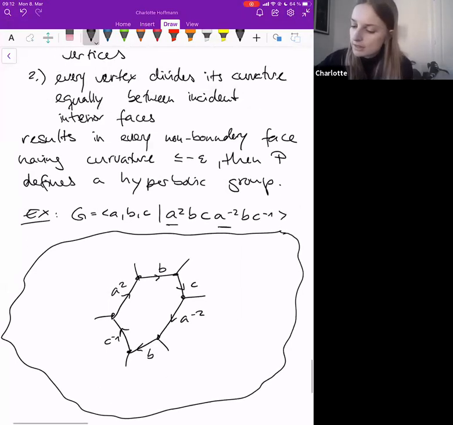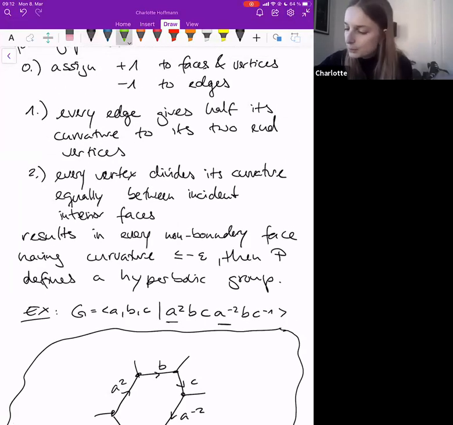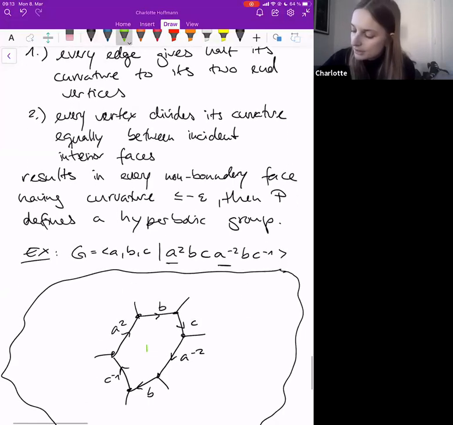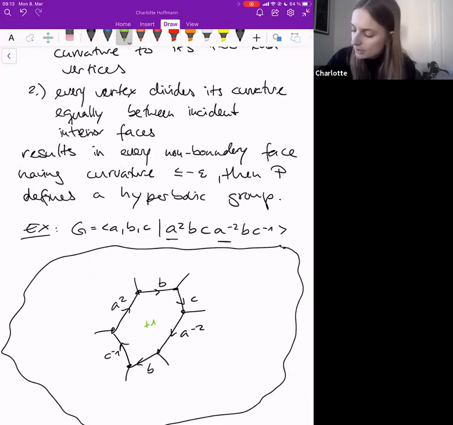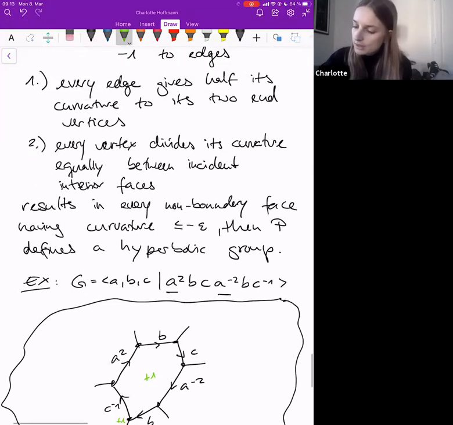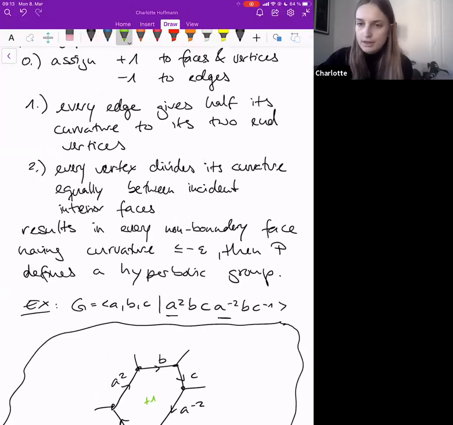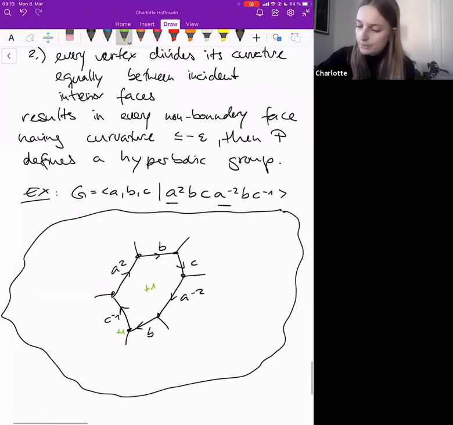Now what does the procedure do? First, we assign +1 to faces and vertices. So the faces have curvature +1, and for example this vertex has curvature +1, and now the edges have curvature -1 and give half of it to the vertices. So if this vertex has degree 3, then it will get -1/2 from this edge, -1/2 from this edge, and -1/2 from this edge.